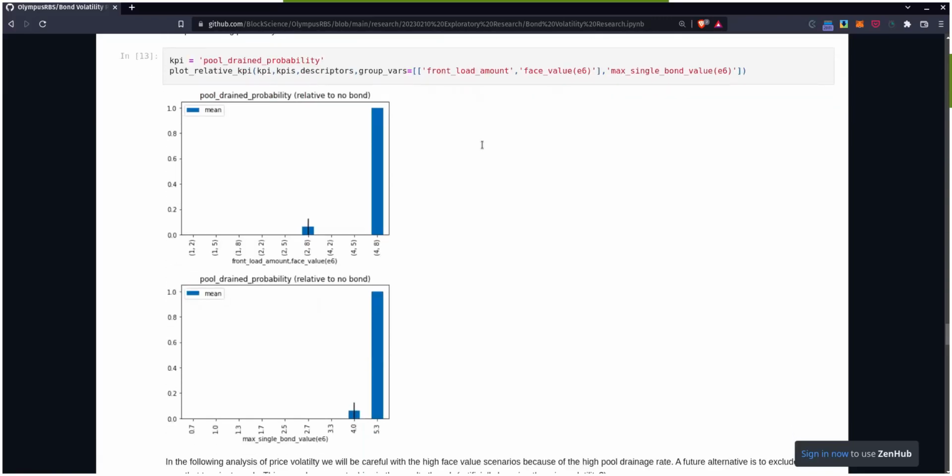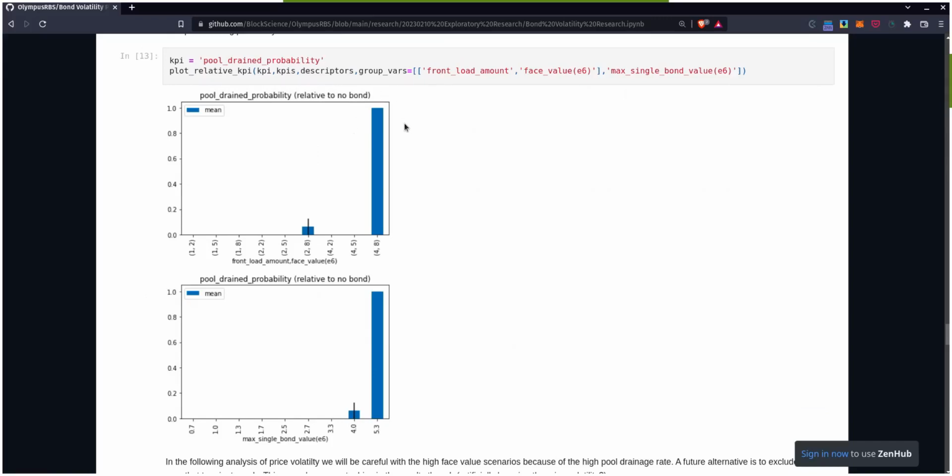So here, looking at the KPI of pool draining probability, we see when the front load amount is 4 to 1 to 1 and the face value is 8 million, we see this rocketing pool draining probability of 1, meaning all the simulations were terminated because the pool has been drained.